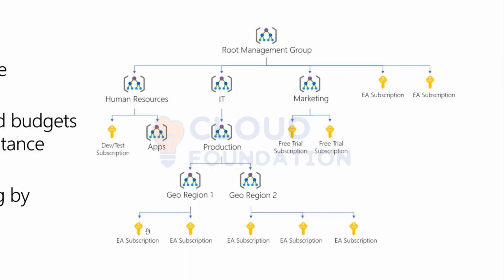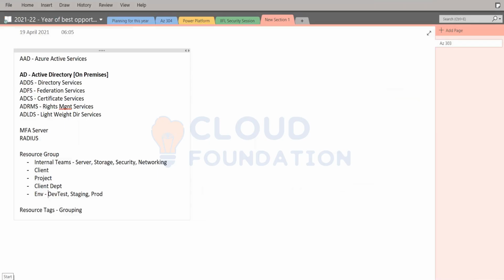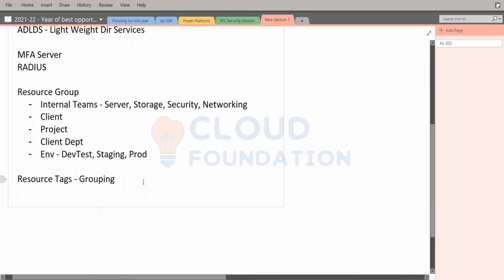It will help you organize your resources better and create your policies in a much better manner. If you look at the hierarchy, this is how it goes. Topmost, you have the root management group. Within the root management group, you will have your management groups. Within management groups, you will have your respective subscriptions.